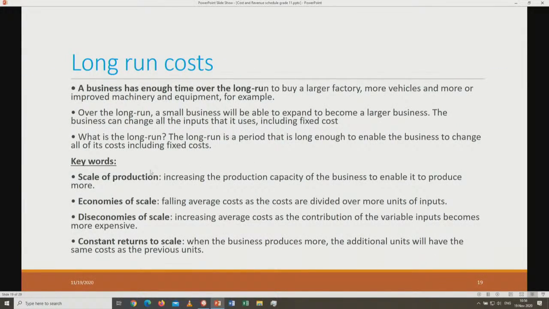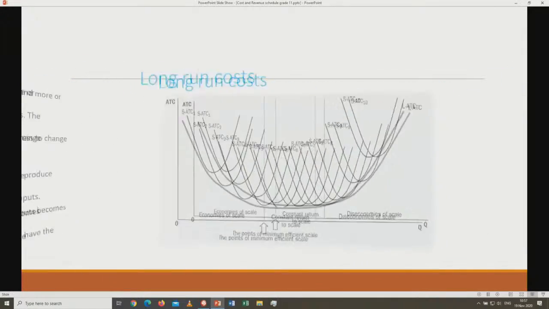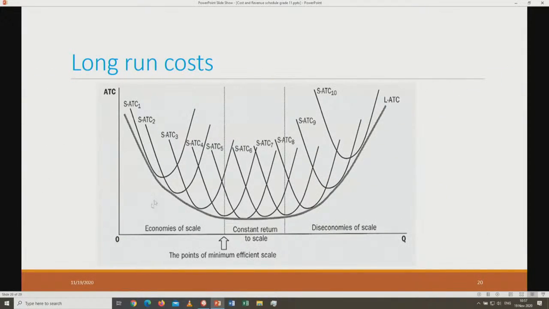The average costs are falling as the costs are now divided, or spread, over more units of inputs. And then the second one, in between, from here to here, what happens to the average cost?